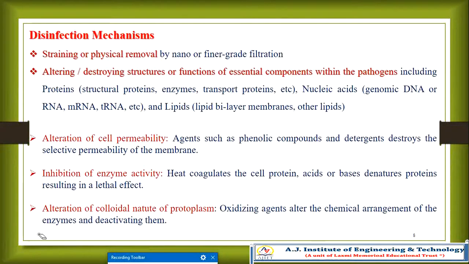This is also one important slide: how the mechanisms are involved in disinfection. That is also one of the important factors we have to know about this concept.